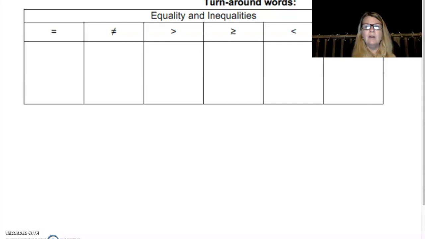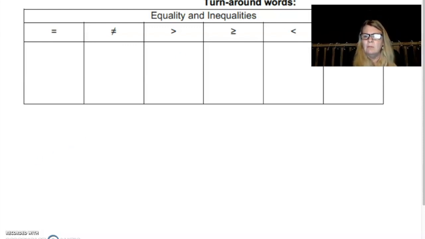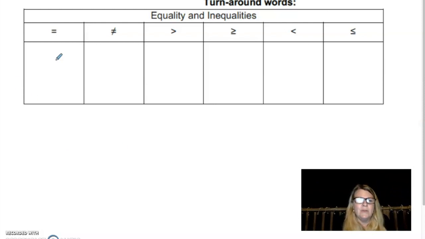Okay, here are some symbols that we need to know when we see them in a sentence, how we would translate those. So if we saw the equal to sign, we would use the equal to sign if we see the word is in a sentence, or that it totals.